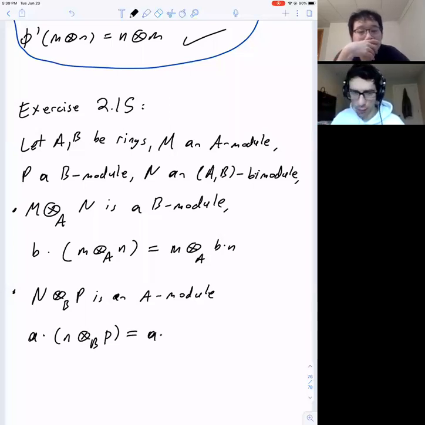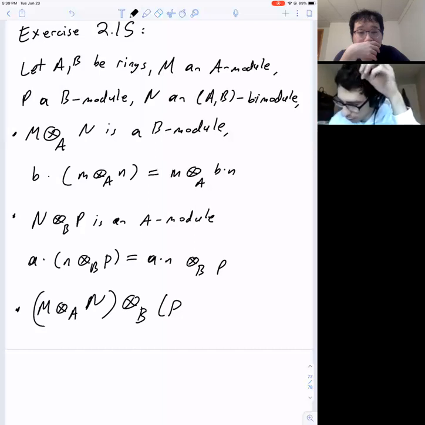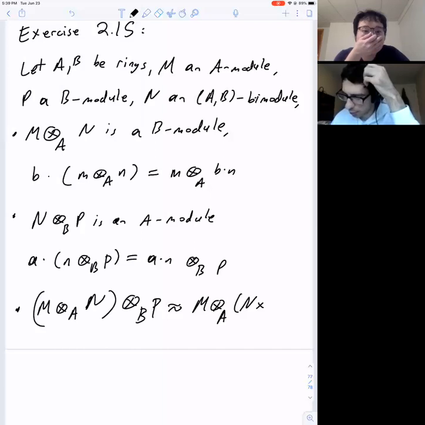And finally, we have that M tensor_A N tensor_B P is isomorphic to M tensor_A (N tensor_B P).